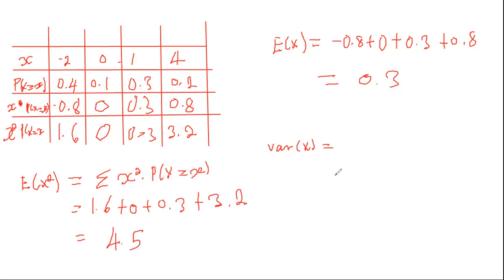4.5. Then we are going to shift, so here we have the expectation of x squared minus the expectation of x, squared.